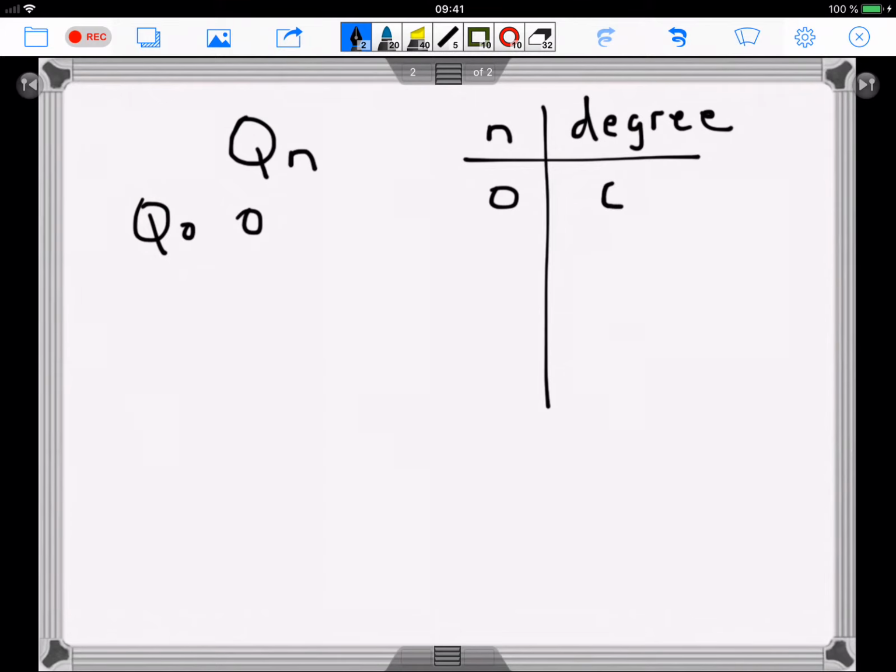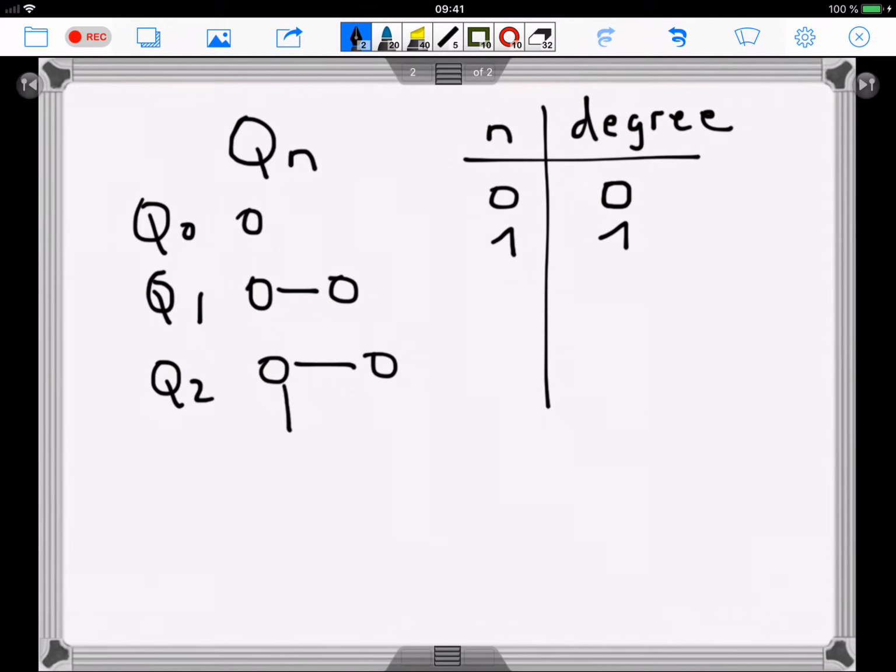So the degree here is 0. Okay. Q1 has two vertices connected to each other. So Q1 has degree 1. Q2 has these 4 vertices and each vertex is connected to 2.